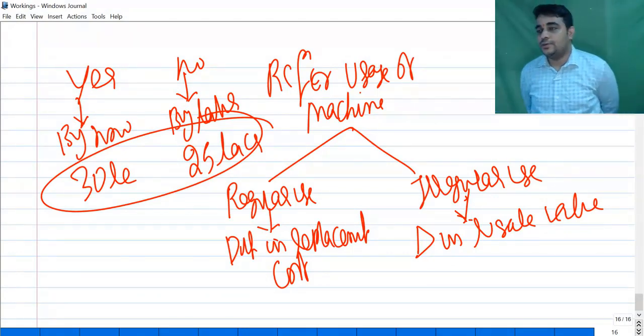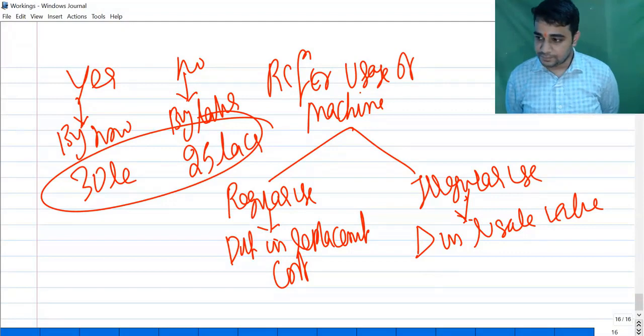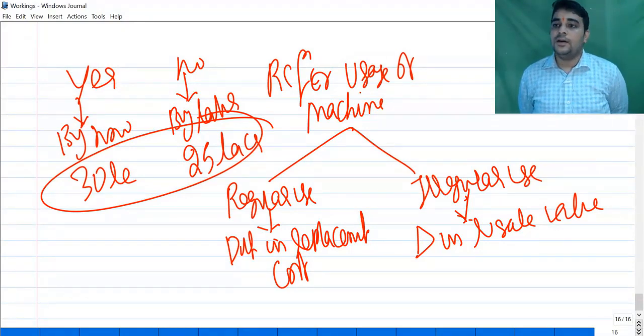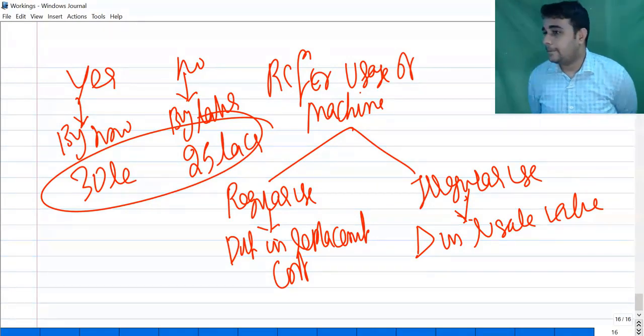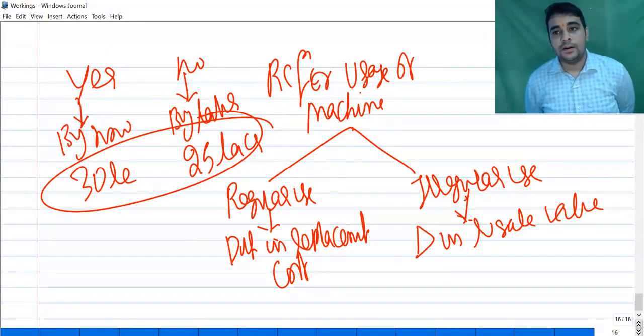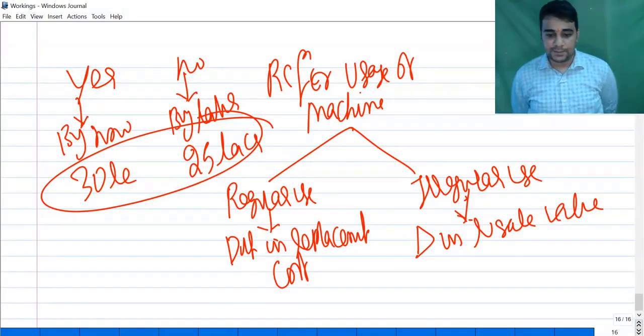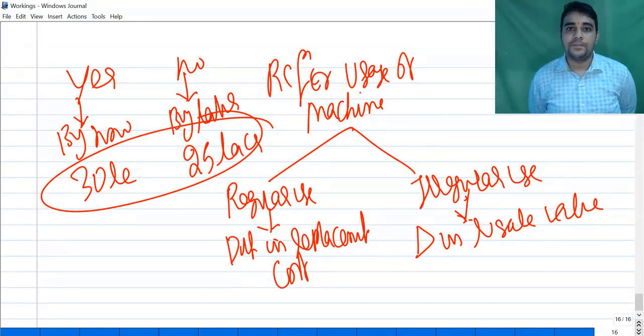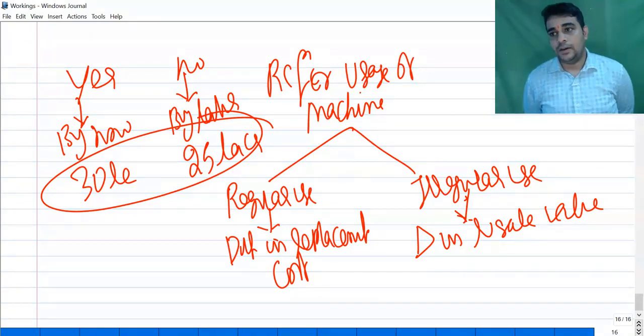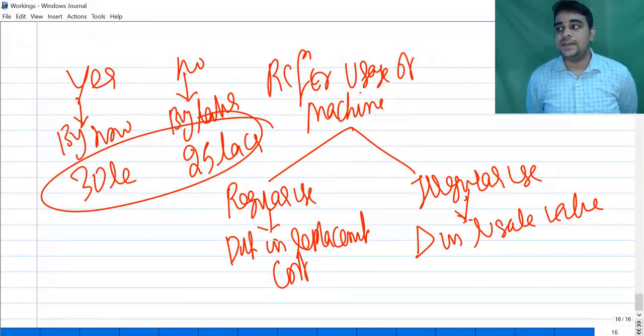Regular use, irregular use. Regular, put arrow mark down, difference in replacement cost. Irregular, difference in resale value.